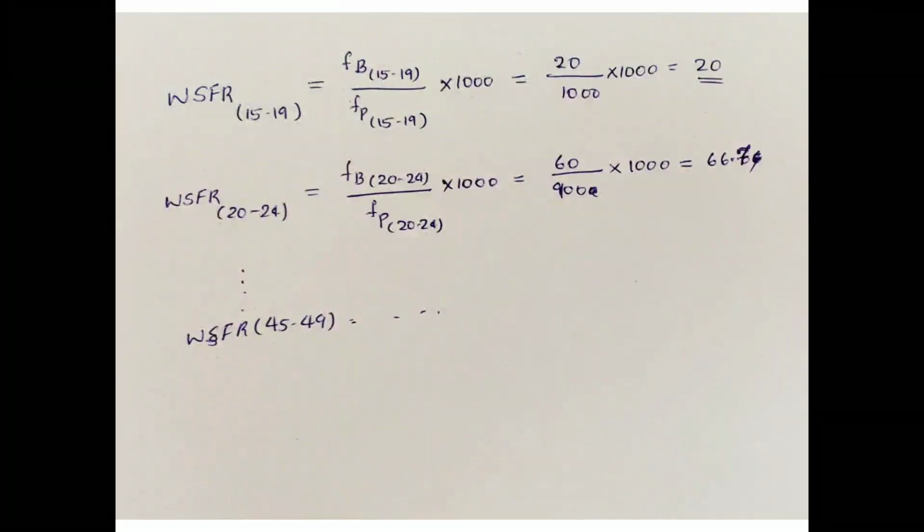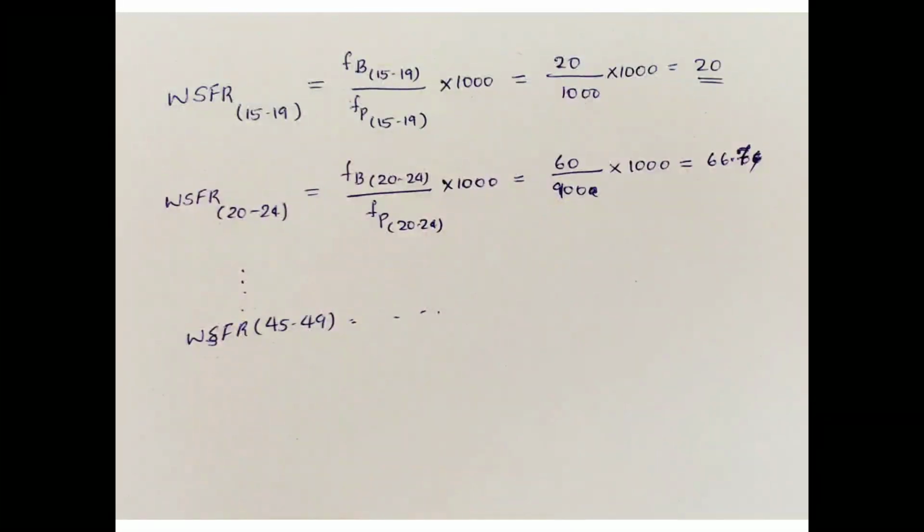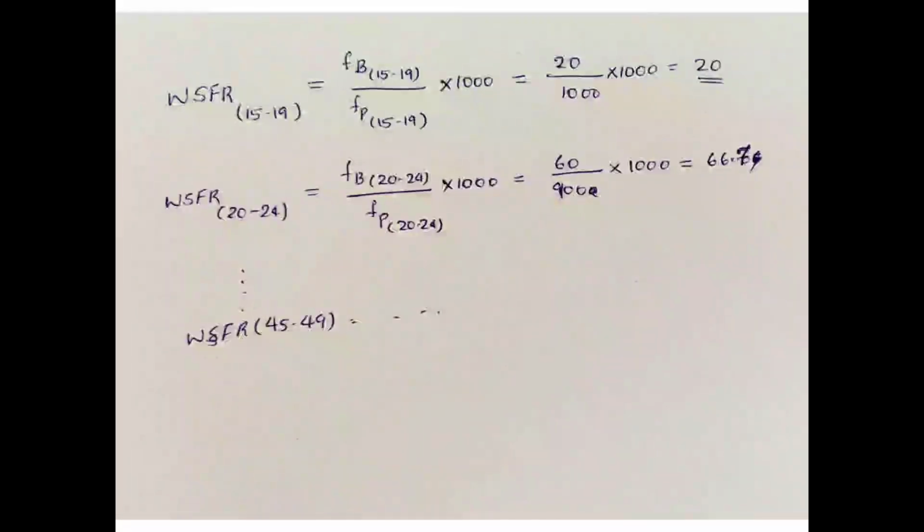So substitute 20 divided by 1000 into 1000, which is equal to 20. Similarly, you need to calculate WSFR for 20 to 24, 25 to 29, 30 to 34, 35 to 39, 40 to 44, and 45 to 49.